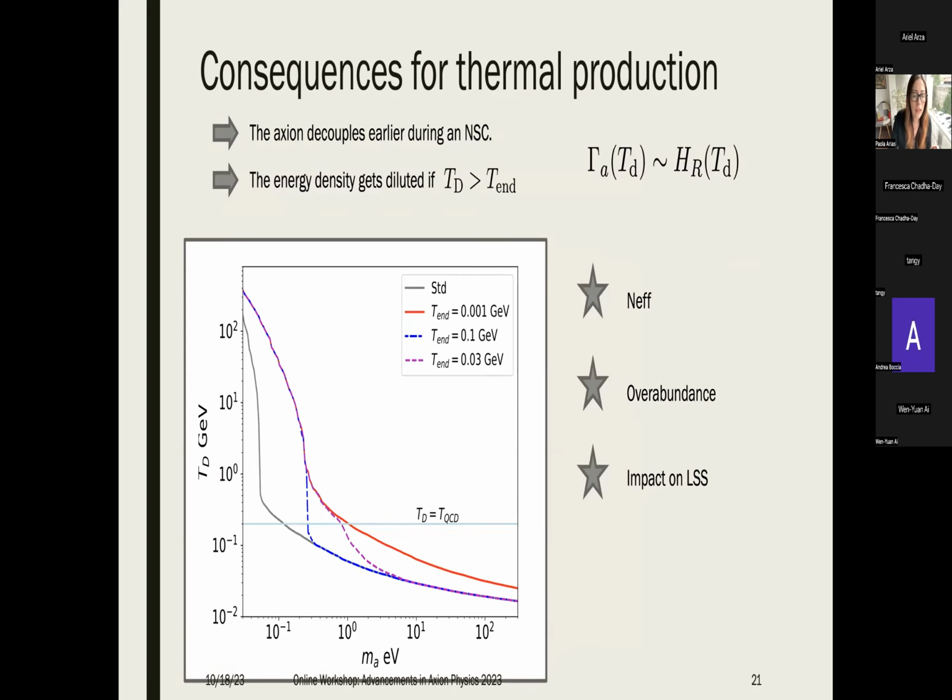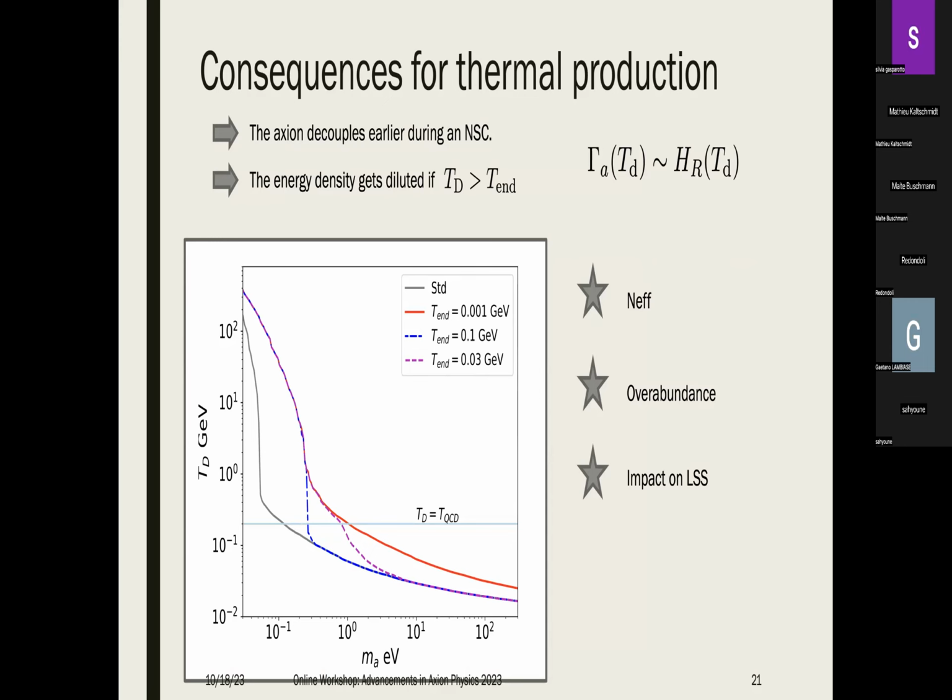Again, in these non-standard cosmology scenarios, the axion decouples earlier than in a radiation-dominated scenario. And the energy density gets diluted if this decoupling temperature is above this Tn temperature, and this has consequences for the effective number of neutrinos, overabundance, and impact on large-scale structure.